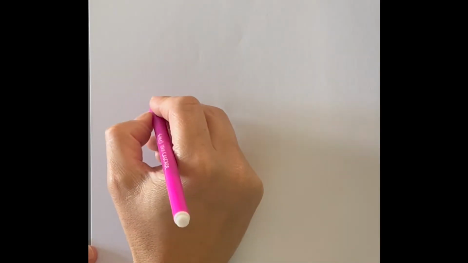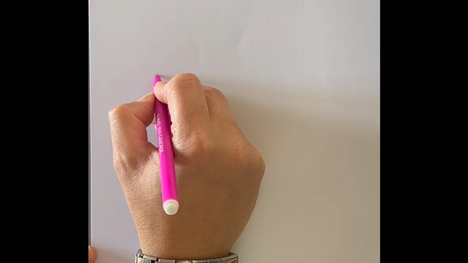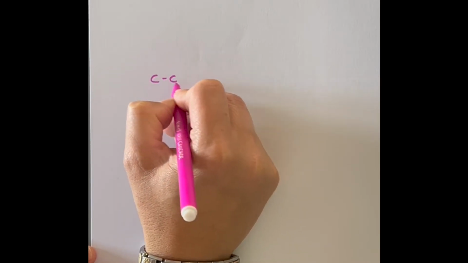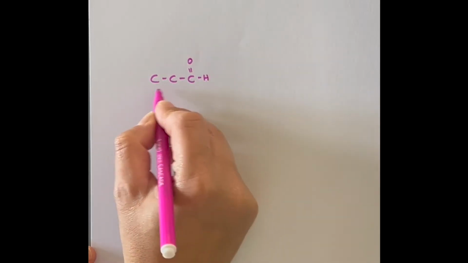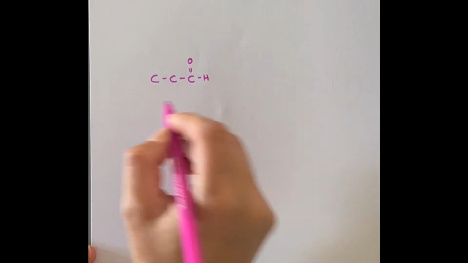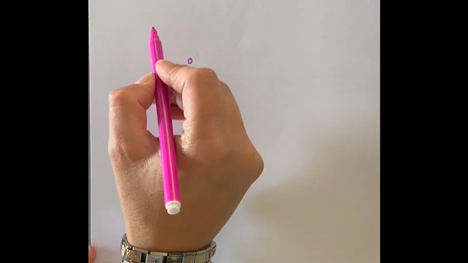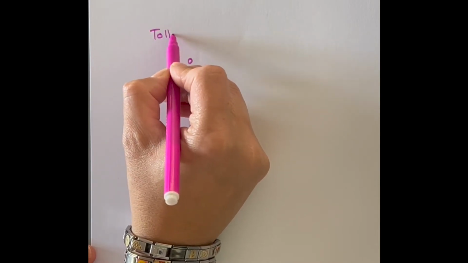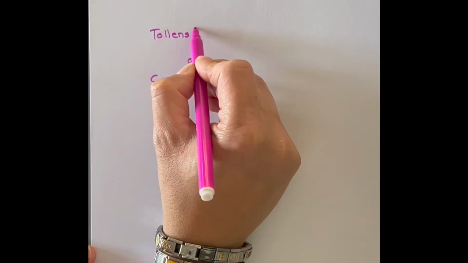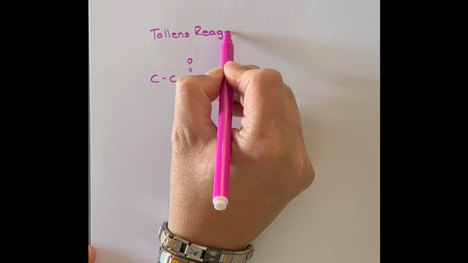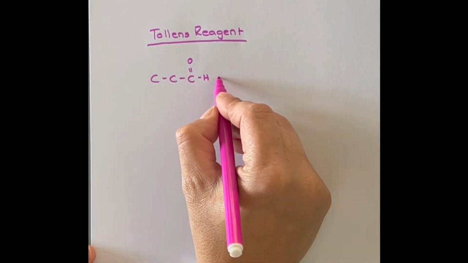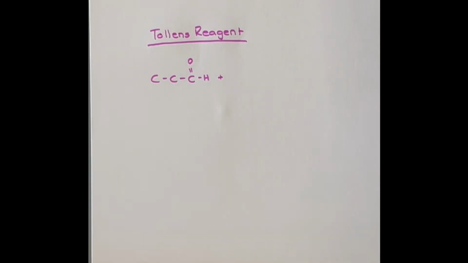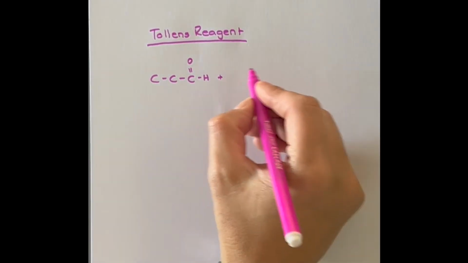Okay, so if we have a ketone or an aldehyde, and remember the aldehyde is the double bond at an end, so this is going to be called propanol. The first one that we'll be looking at is Tollens solution, or Tollens reagent. The Tollens reagent has a diamine silver complex in the solution.